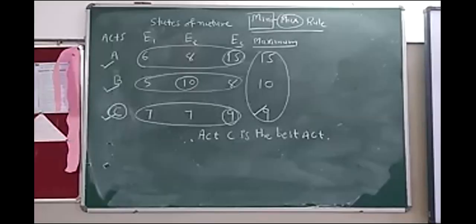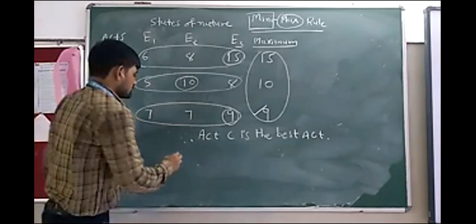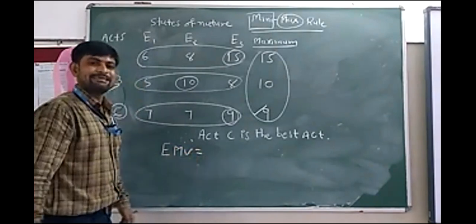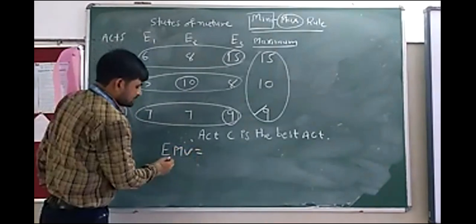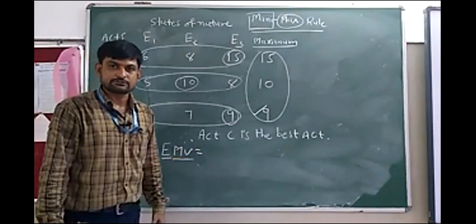Okay, so now we have to use the EMV rule. First of all, write down the formula of EMV. EMV means expected monetary value, or it is also known as average profit.